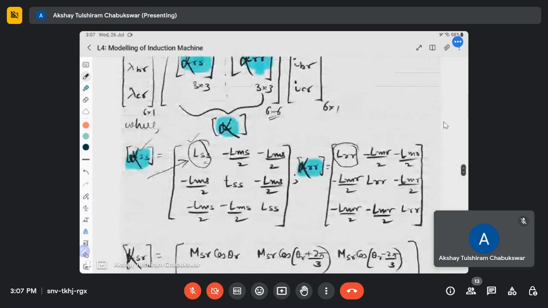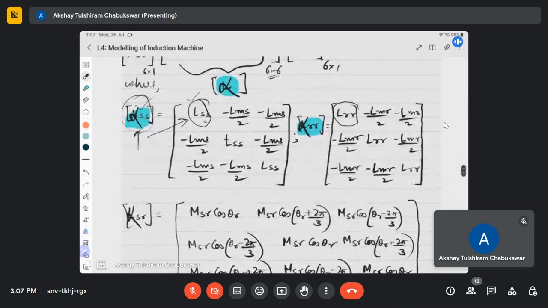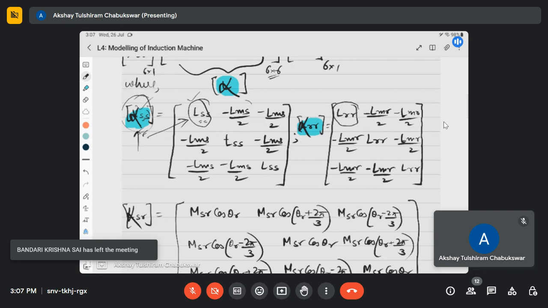Okay. So the alpha SS matrix includes only the inductance terms which are confined to stator terms. So there is no role of rotor in the lambda SS matrix. Inside the lambda SS matrix there are two types of term, LSS and LMS.